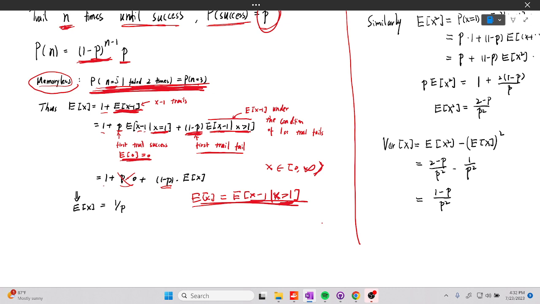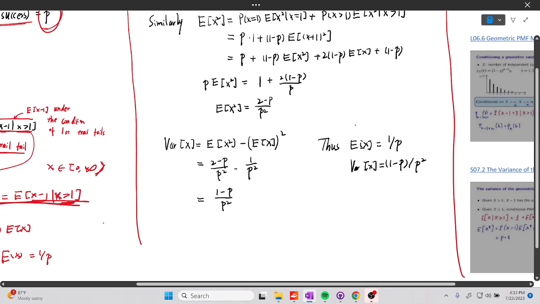Substituting back in, this becomes E[X], and we have E[X] equals 1 plus (1 minus p) E[X], and it's pretty much p E[X] equals 1, thus E[X] equals 1 over p, which is this.